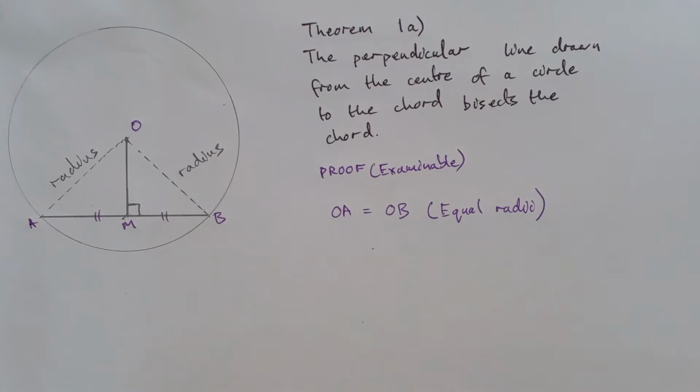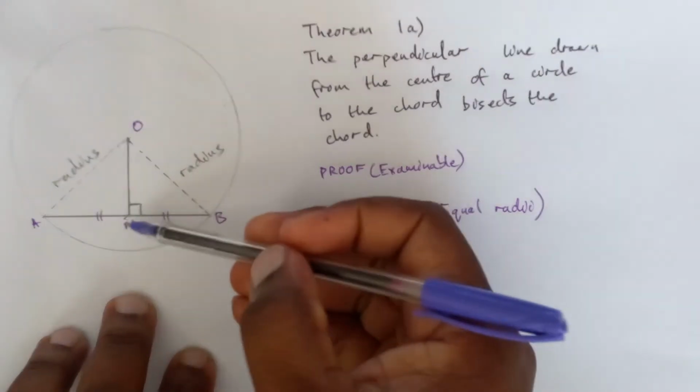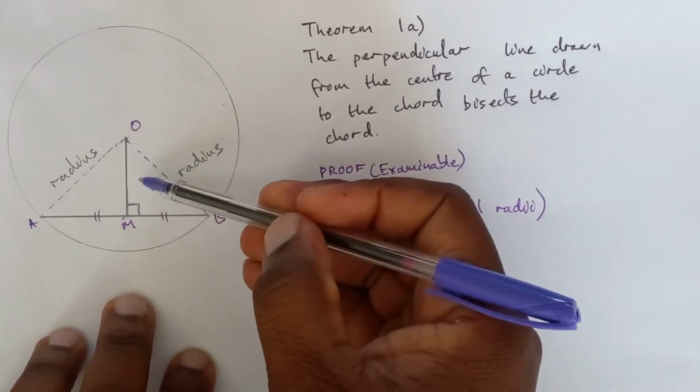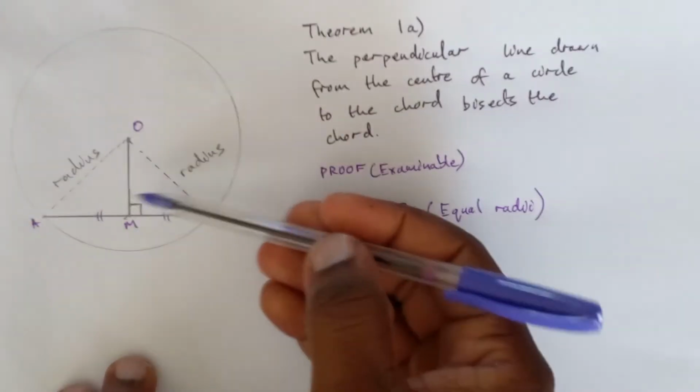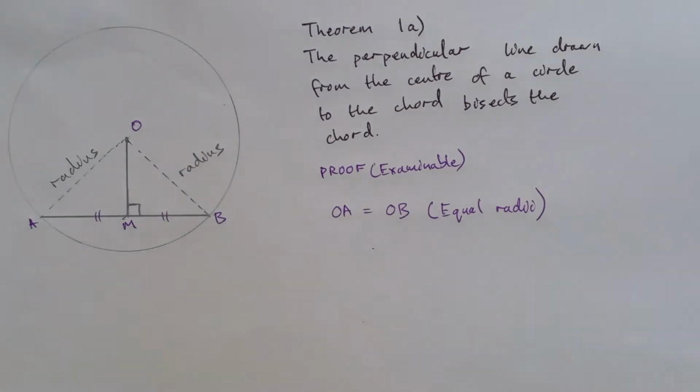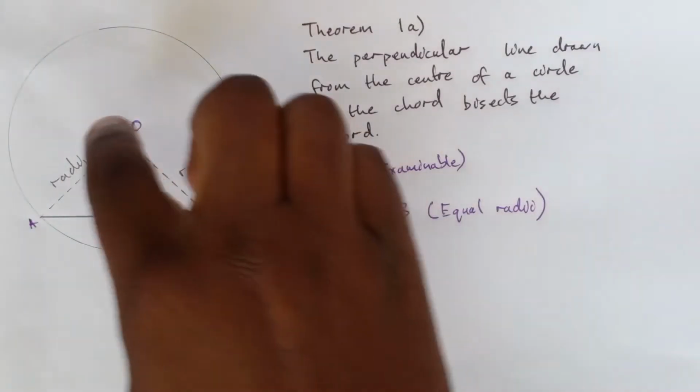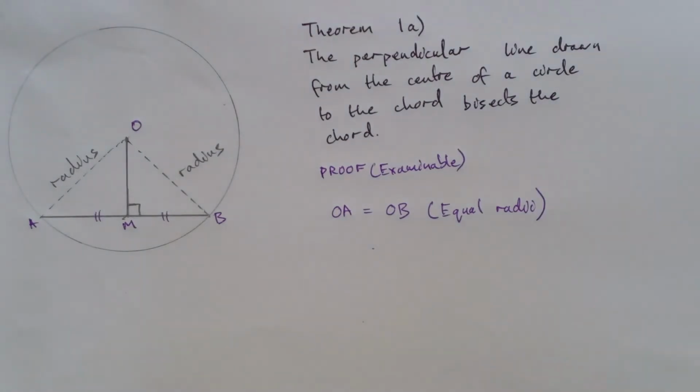Right, so that's the first thing that we know there. Okay, what else do we know? Well, what we do know is that this line OM is the line for this triangle and that triangle. Basically, what are we trying to say here? So can you see that by drawing this radii and that radii, we've got two triangles there.